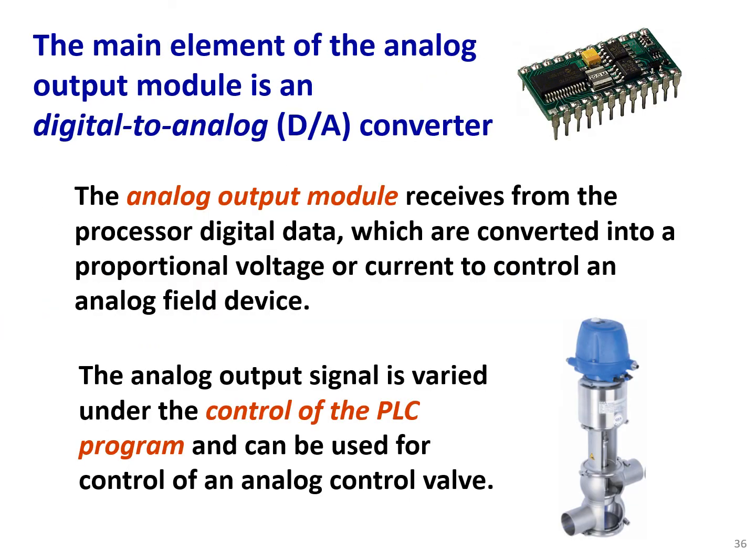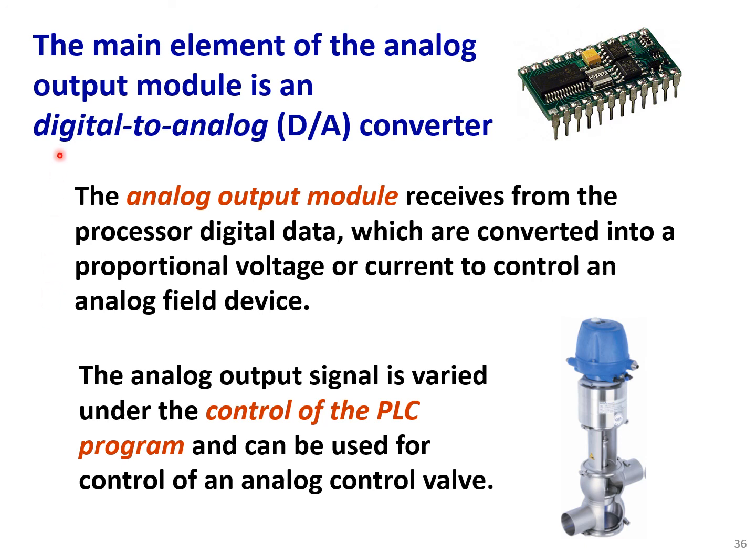The main element of the analog output module is a digital to analog converter. The analog output module receives from the processor digital data, which are converted into proportional voltage or current to control an analog field device.